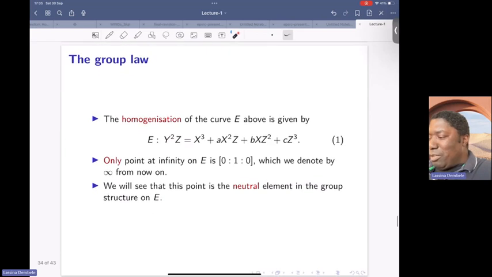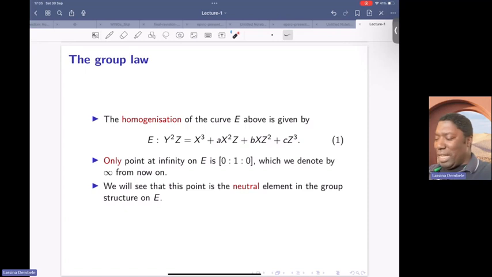Okay. So now the goal, I guess, is that we want to show that this cubic has a group structure, to get the first concrete example of an abelian variety. So what we call the homogenization of this cubic is what we get by taking the homogenization of the defining cubic, which would be this equation here.